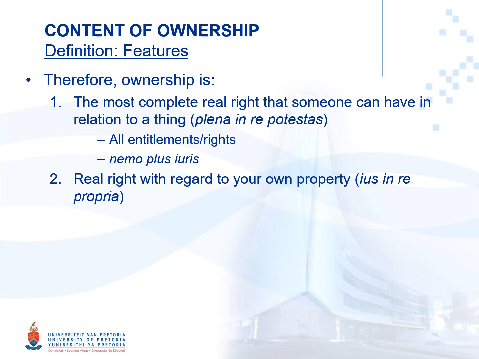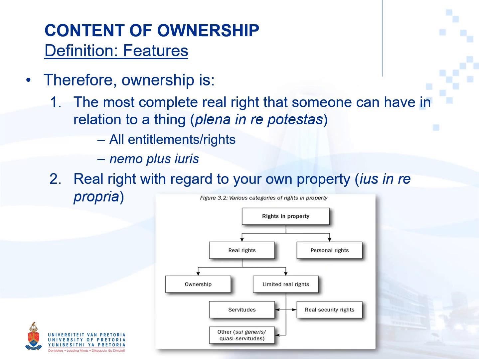I will show you a figure in a moment to help illustrate this. From the figure on the slide, ownership is located as a right in or over property. It is set out as a real right in or over property. As you would know from the rights study unit that you covered with Professor Miller, real rights are distinguished from personal rights.